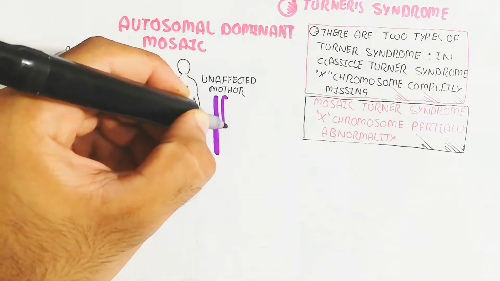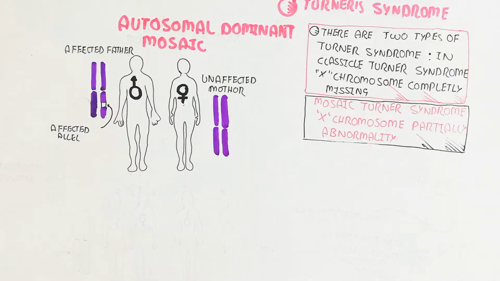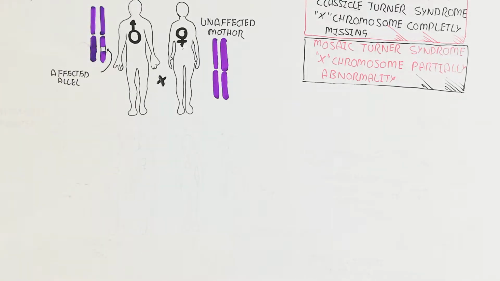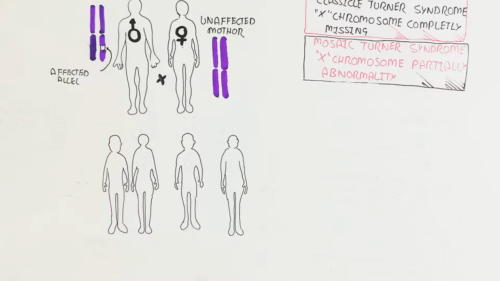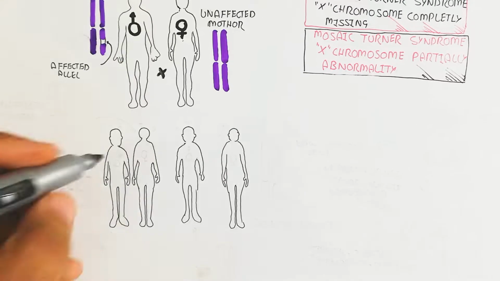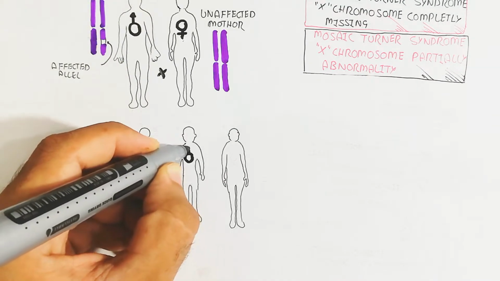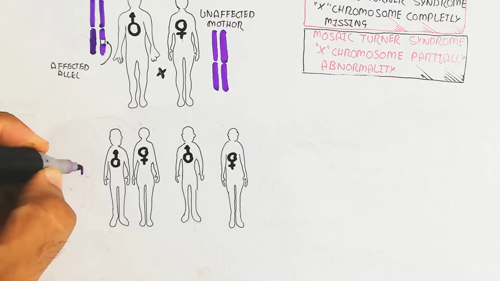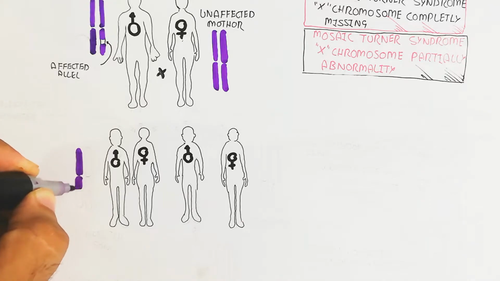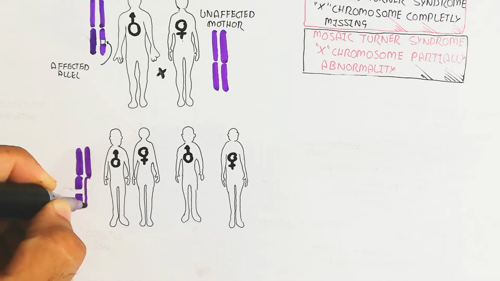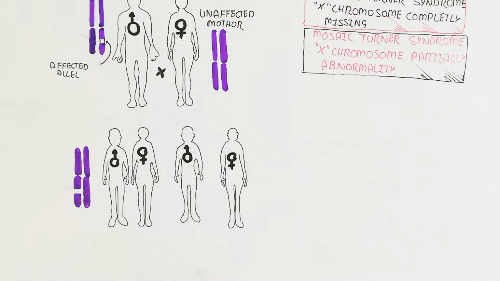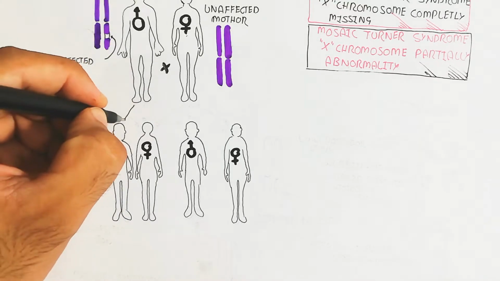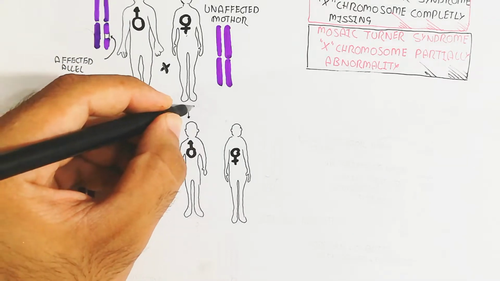So in this way they can reproduce different children, with chances of being affected and unaffected. Here you can see the male and female. So an affected son can be reproduced. Why? Because the X chromosome will come from the father, so that is why the son is affected.